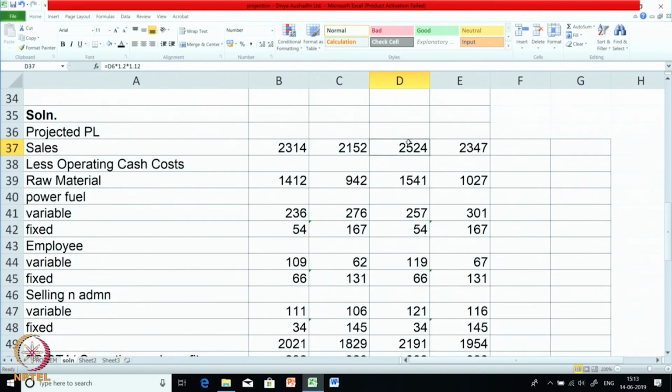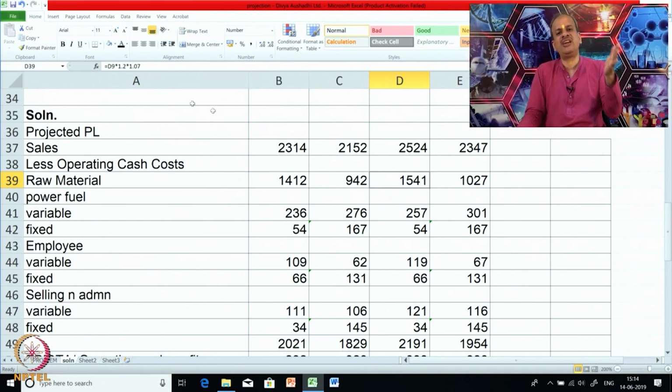For sales it is into 1.2 into 1.12, because of 20% increase in units and 12% increase because of price. Raw material into 1.2 into 1.07, 1.2 because of 20% increase in the units and 7% increase in the RM cost. Same way true for all variable costs.